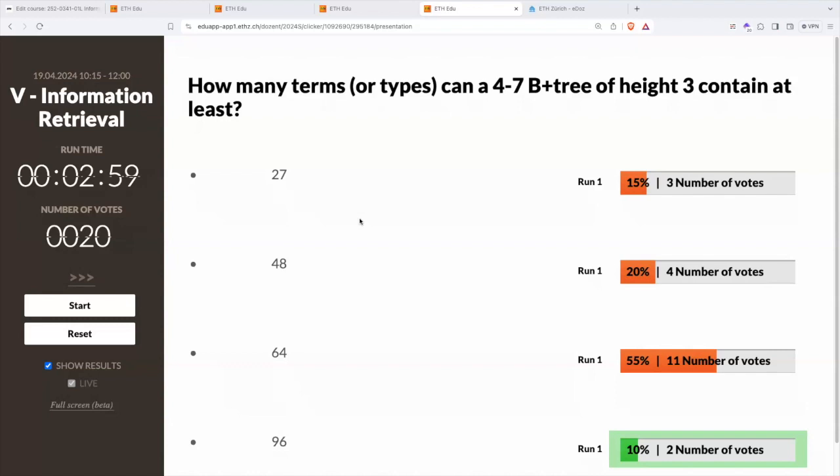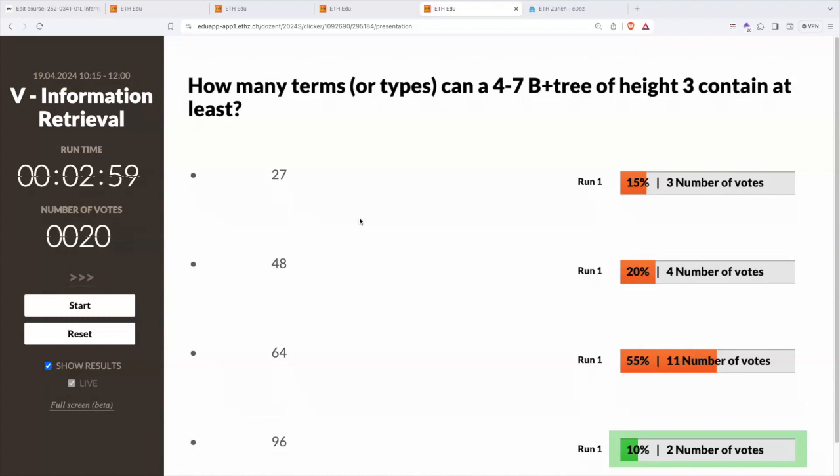What is the minimum number of children that the root can have? Who thinks it's 4? Who thinks it's 2? Do you remember, the root is the only exception to the rule for the minimum of children. So it's 2 for the root because of that. So the root can have 2 children.